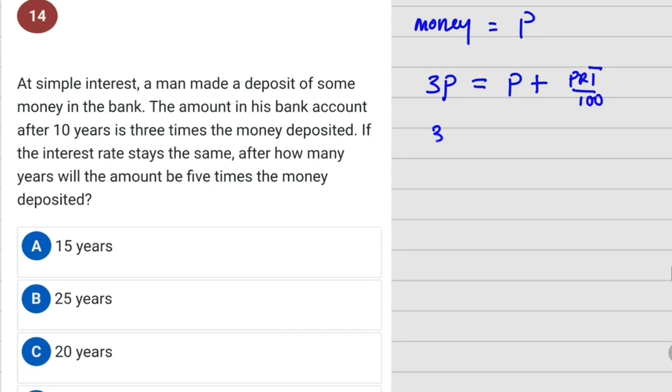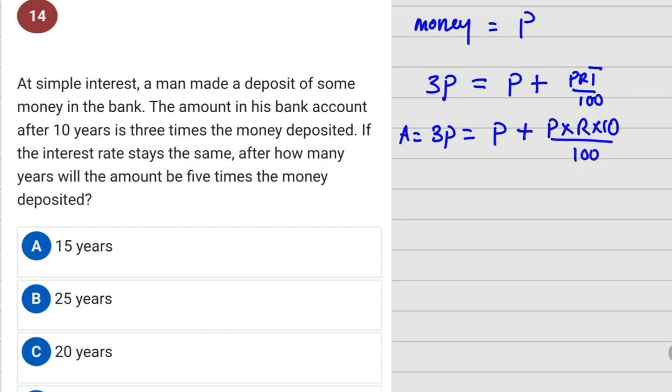So we have 3P is equal to P. This 3P is actually the amount, so take note. P plus P, because we don't know P, times the rate. We don't know the rate. Then the time is 10 years all over 100.